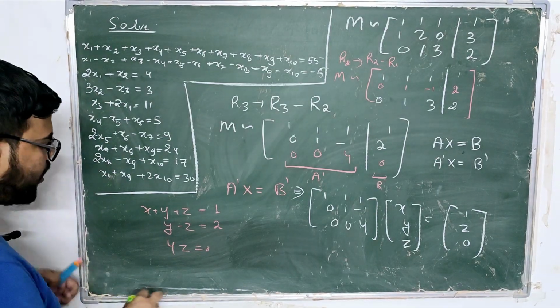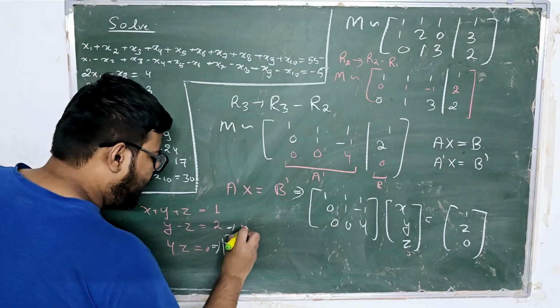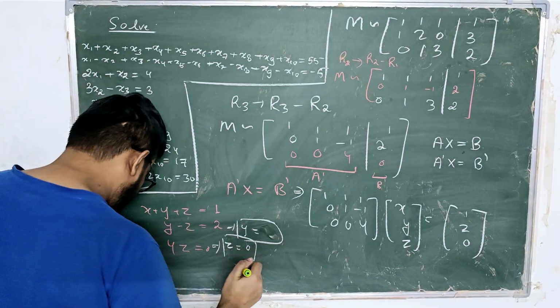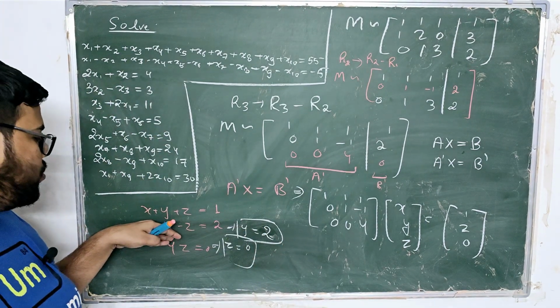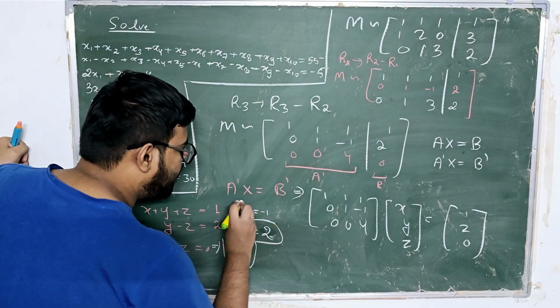So from here you can say that z is equal to 0, y is equal to 2, and x plus 2 plus 0 is equal to 1. So x is equal to negative 1.